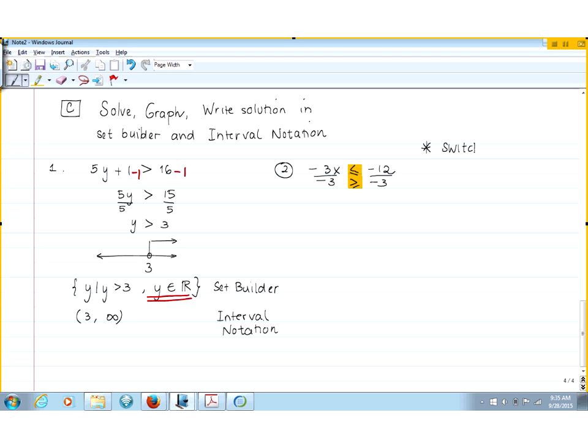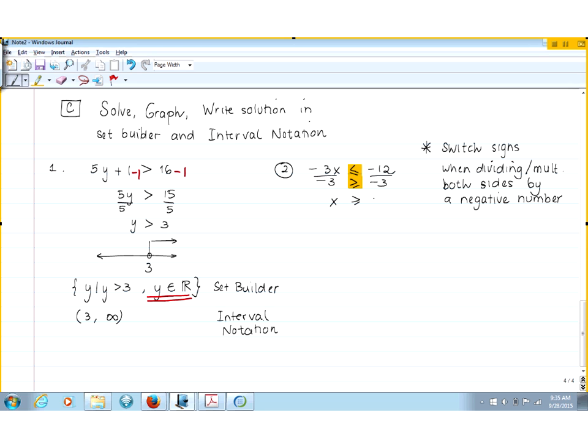So very important is to switch signs when dividing or multiplying both sides by a negative number.